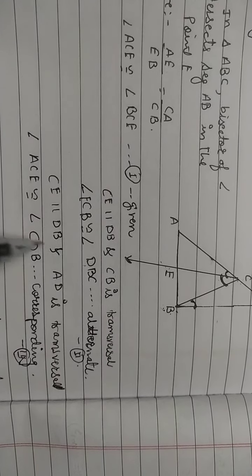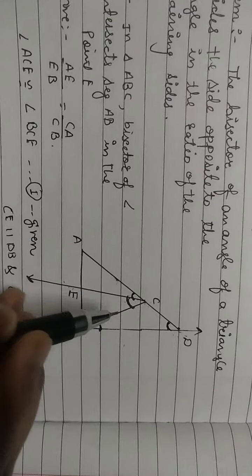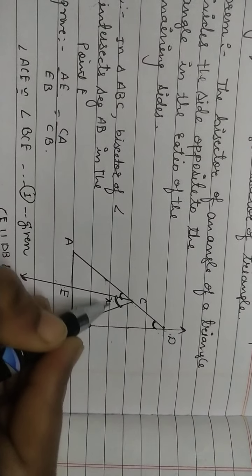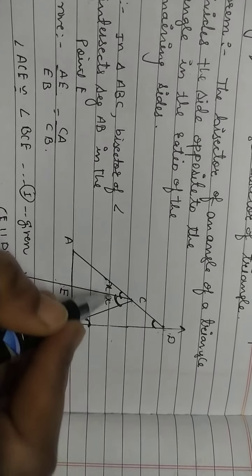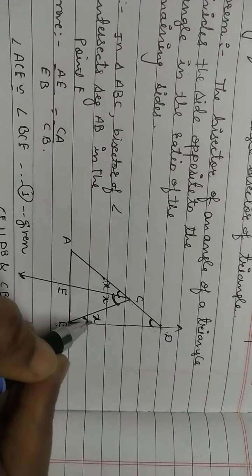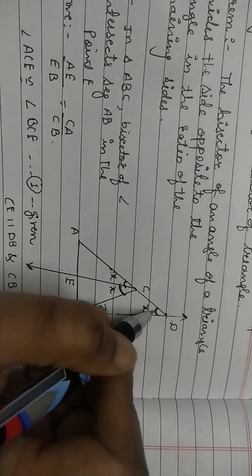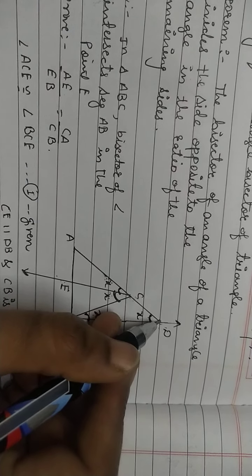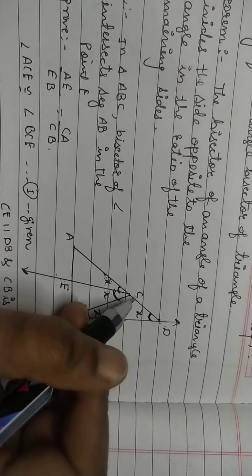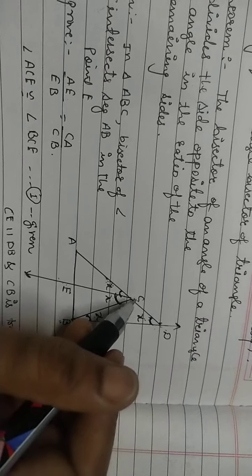I'll give these angles the name X. These two angles are equal because CE is the angle bisector. If this angle is X, this angle is also X, that is alternate angles, and we have proved the other by corresponding angles. So ultimately, in triangle CDB, these two angles are equal, which means that CDB is an isosceles triangle.